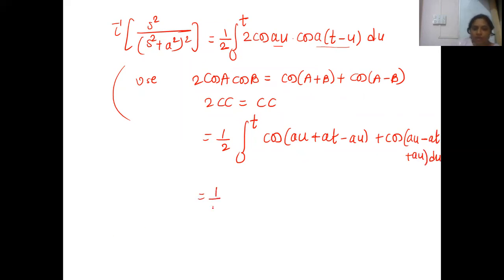So it is 1/2 integration 0 to t; the au cancelled, so it is cos at, plus cos(2au minus at).